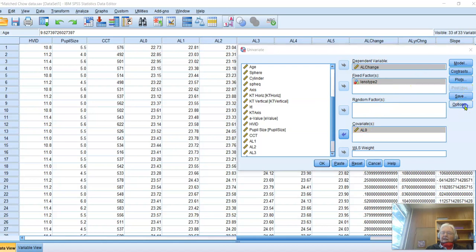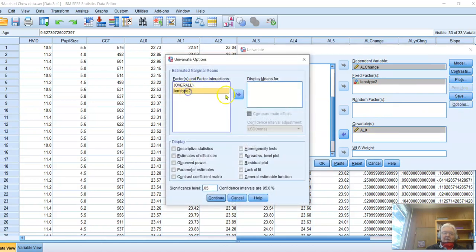And again, we can go to options, lens type, and we can compare our main effects. Again, the authors like Bonferroni, but actually, I don't think Fleiss talks about this issue. I'm still going for the lens type.